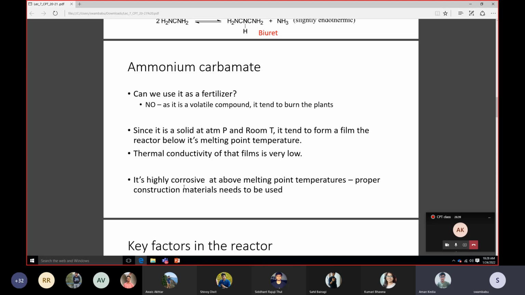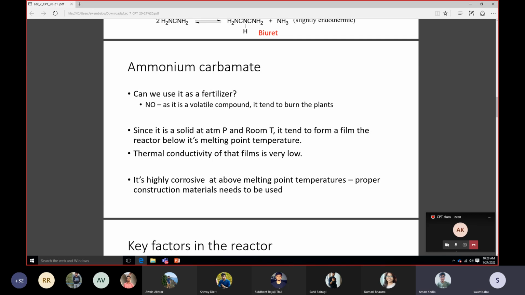But at the same time, if you operate at very high temperature, the ammonium carbonate acts as a highly corrosive agent. So we cannot operate at very low temperatures anyway. We have to operate at high temperature.